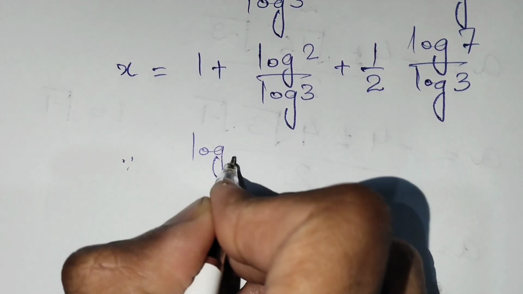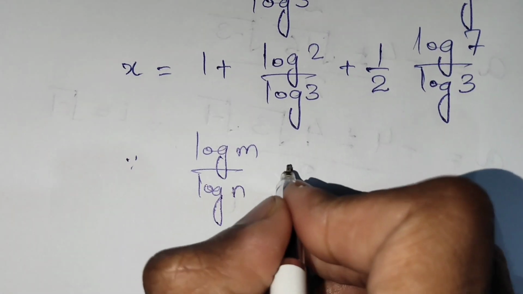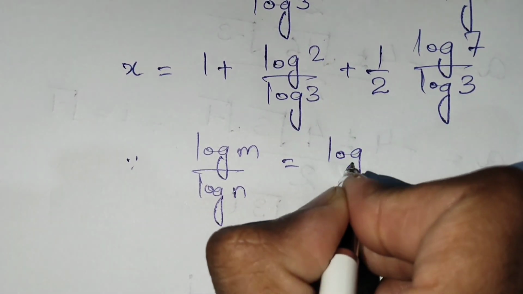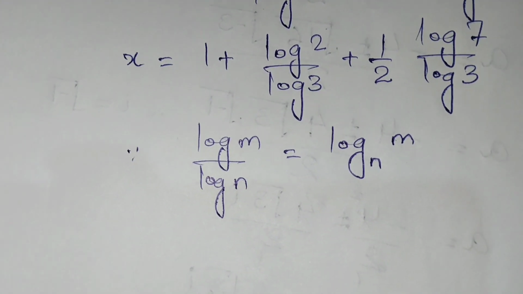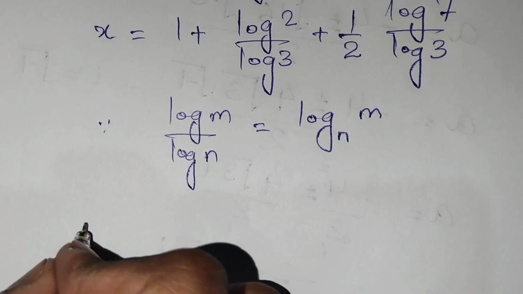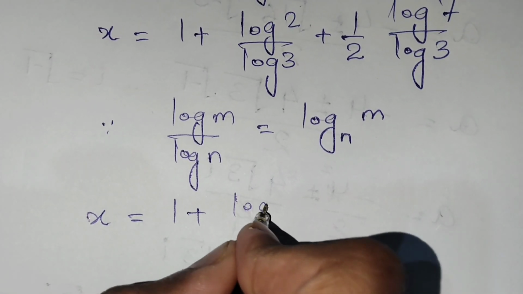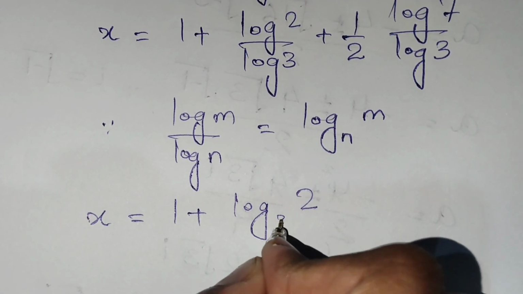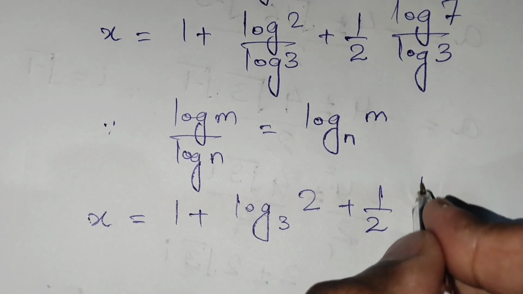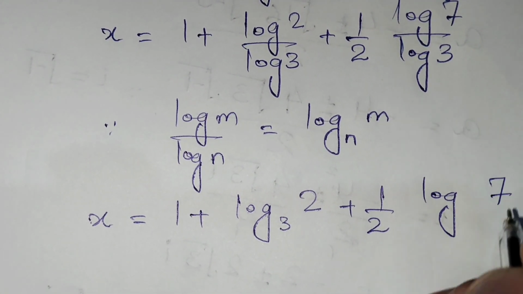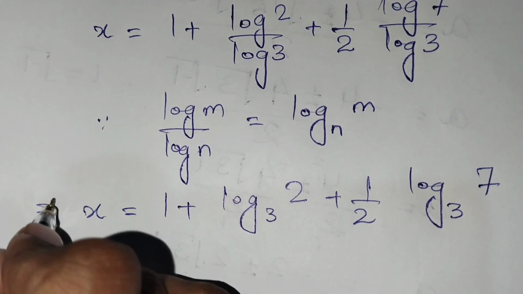Log of m divided by log of n is equal to log of m with the base n. So the final equation of x becomes 1 plus log of 2 to the base 3 plus 1 by 2 log of 7 to the base 3. This is the final value of x.